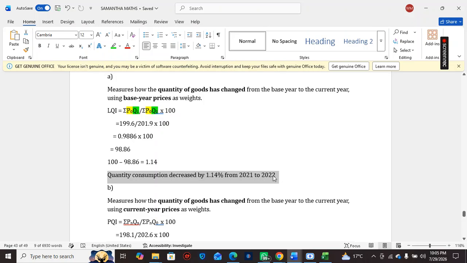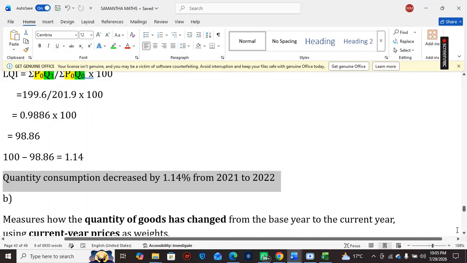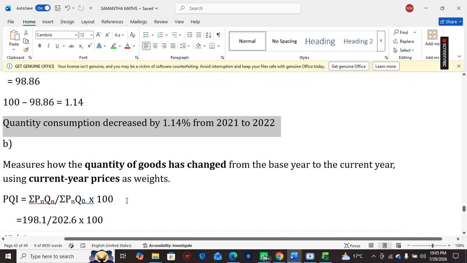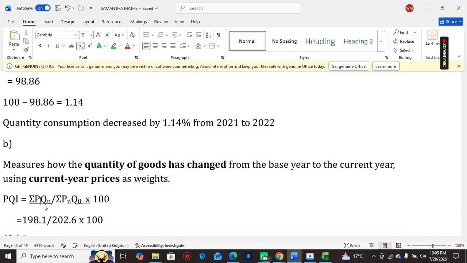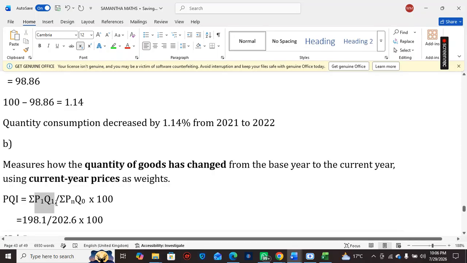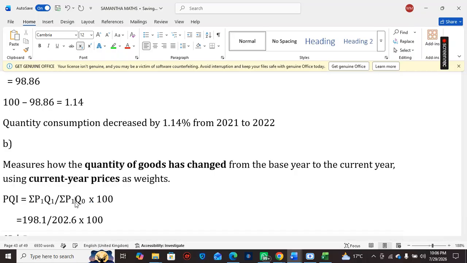Okay, so now we're going to Paasche's quantity index. We want to see how quantity has changed using current year's prices. Remember, the last one was base year prices, Laspeyres; Paasche uses current year prices. So the formula is the summation of P1 Q1, price for 2022 multiplied by quantity for 2022, over the summation of P1 Q0.